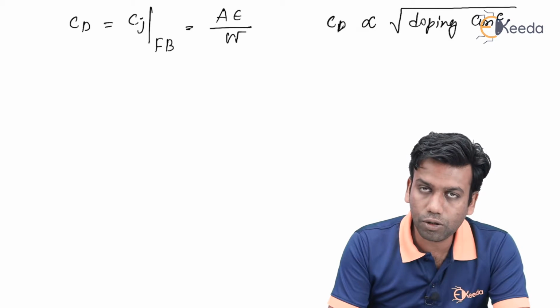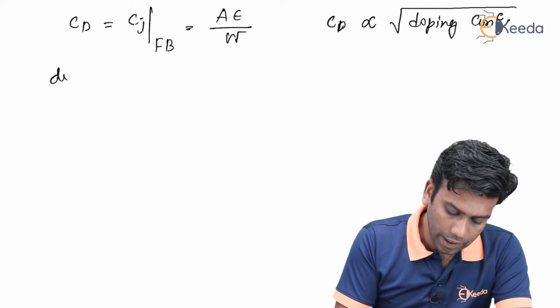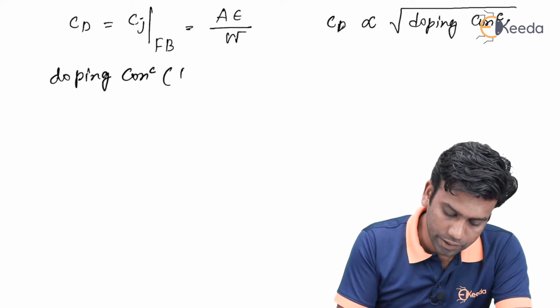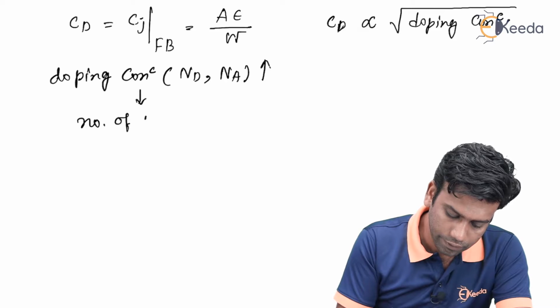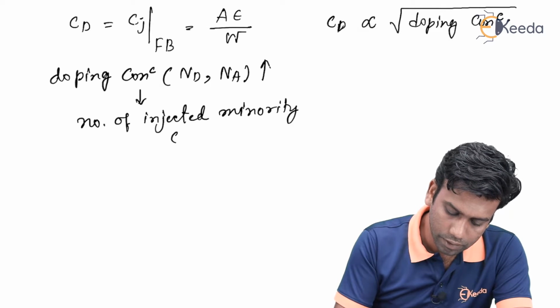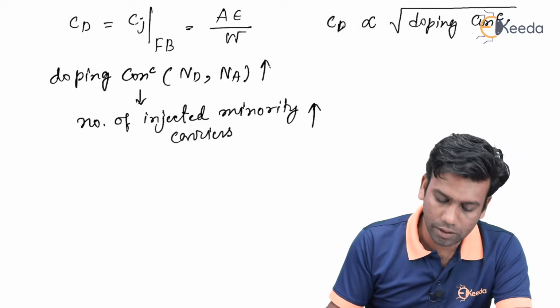That means, as the doping concentration increases, the diffusion capacitance value of the diode will increase, because as the doping concentration, meaning the N D value or the N A value, is increased, the number of injected minority carriers will also be increased.